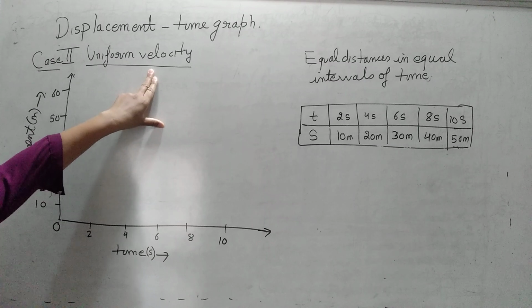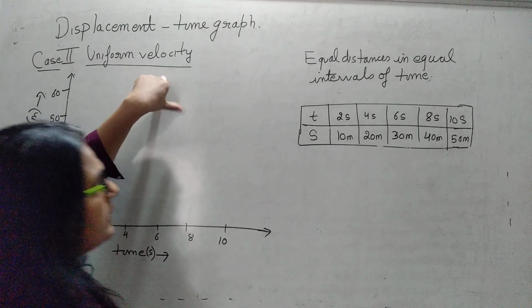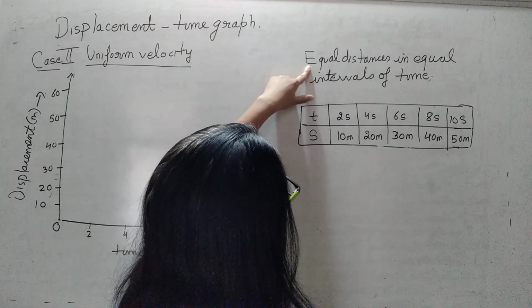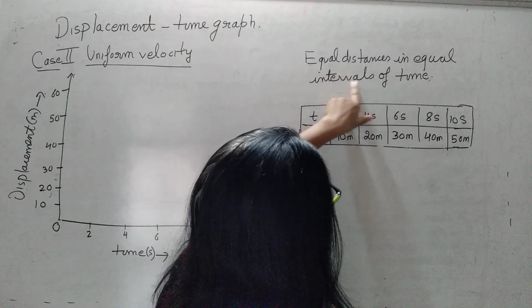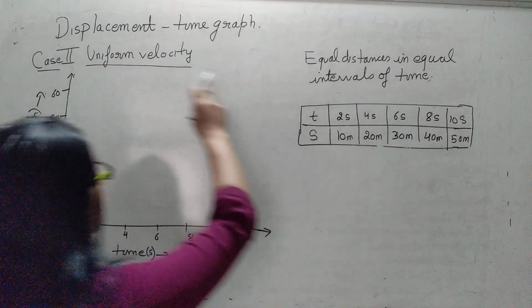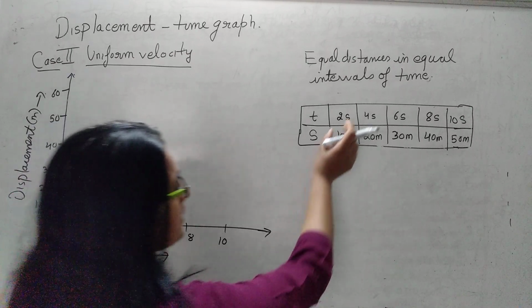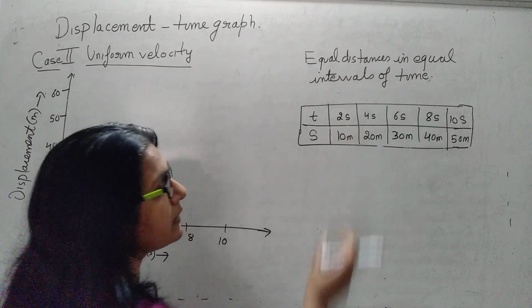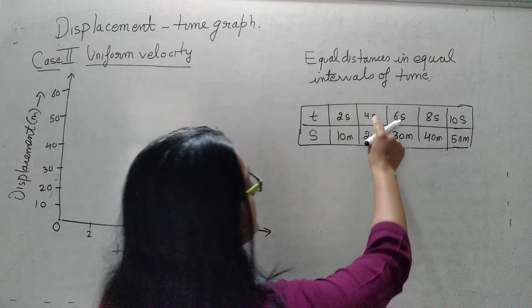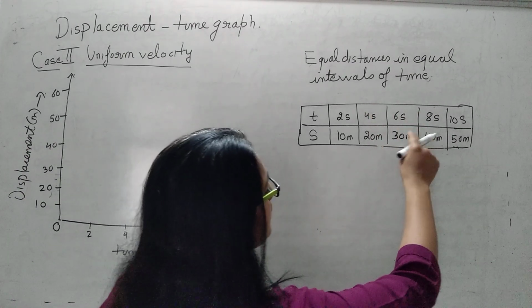Uniform velocity. A body is said to be moving with uniform velocity if it covers equal distances in equal intervals of time. Then we say that the body is moving with uniform velocity. जैसे पहले 2 seconds में उसने 10 मीटर कवर किया, next 4 seconds में 20 मीटर, next 6 seconds में 30 मीटर.